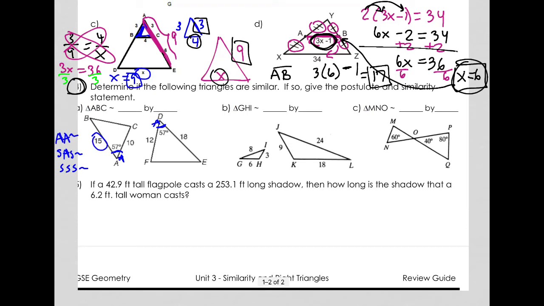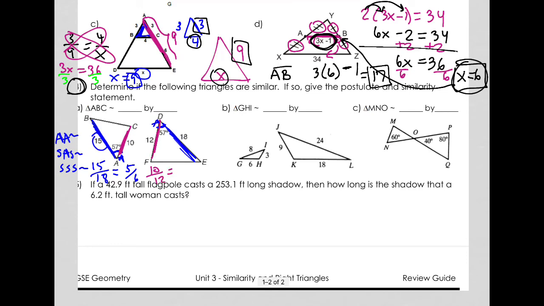Now, if you look at this, you should notice that BA is a longer one and DE is a longer one. So I'm going to put 15 over 18 and simplify. So that simplifies to 5 over 6. And then I'm going to see if that equals the same ratio as setting 10 over 12.